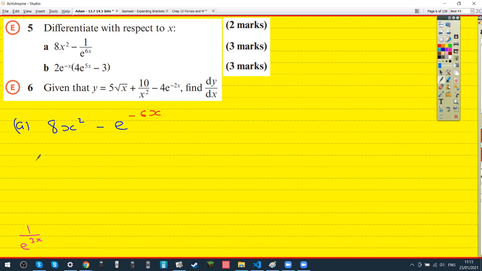So it'd be 16x. And then it'll be minus 6e to the power of minus 6x. Minus 6x. And minus? Positive, so plus. Okay, B.